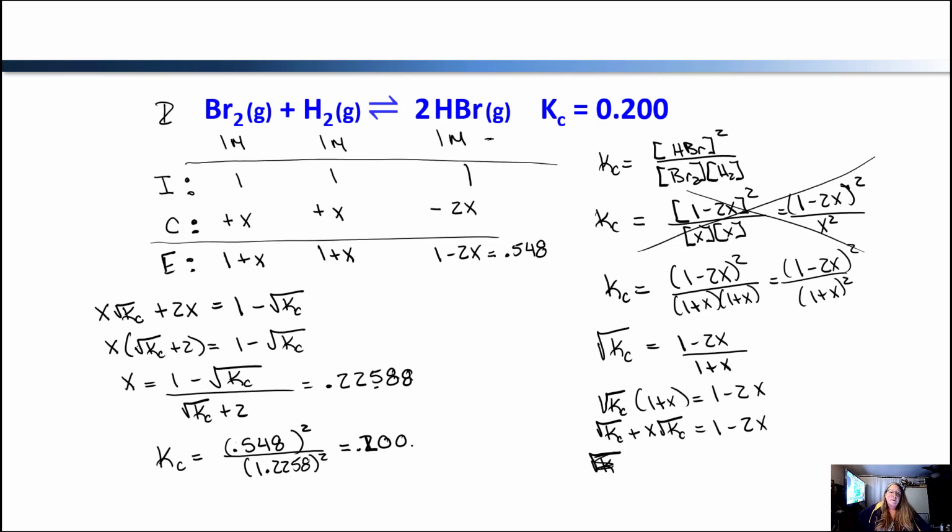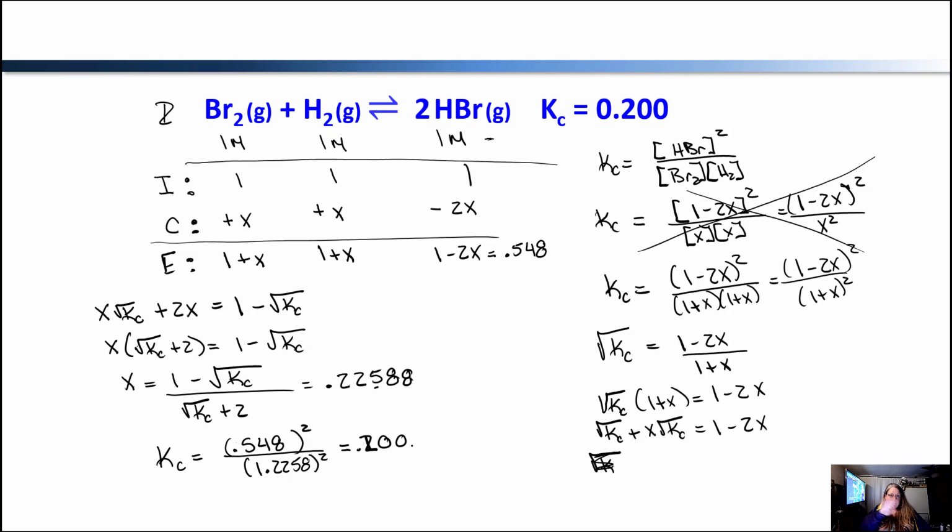So we used our rice table. And notice that I wrote my equilibrium constant the exact same way I did every other time, even though I knew that the equilibrium was favoring the left, right? The only thing that changed here was that I knew that my HBr was going to be decreasing in concentration, so it ended up with the minus x, whereas the original reactants ended up increasing in concentration.